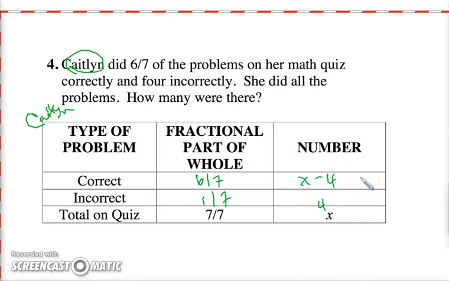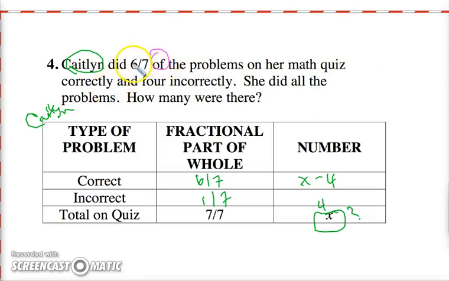Okay. Now, how many were there? I want to know how many problems were inside her quiz. X. That's what I wanted to know. So now I'm going to go back and ask, what is the relationship they talk about? And here's the key word up here. Notice it says, Caitlin did 6/7 of the problems on her math quiz correctly.